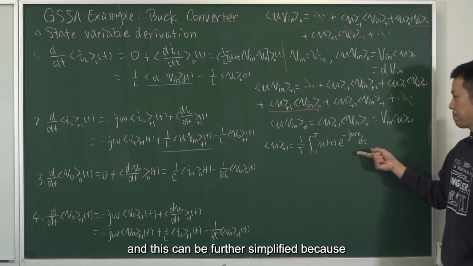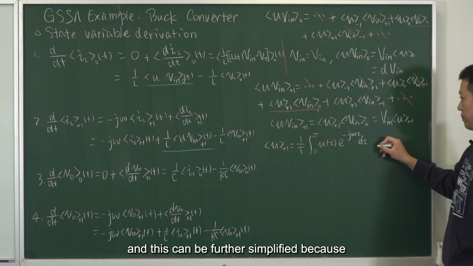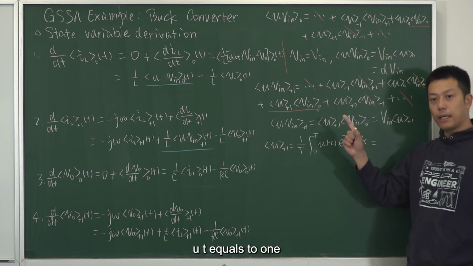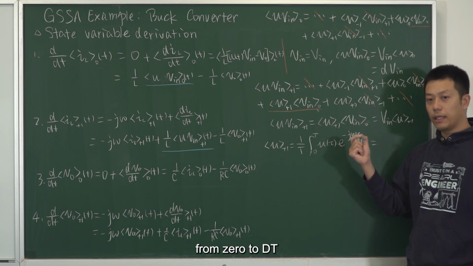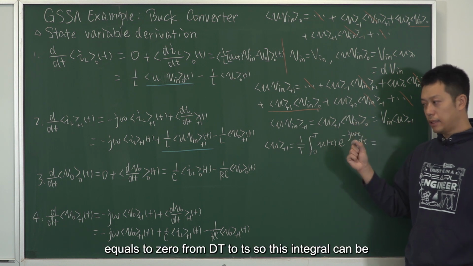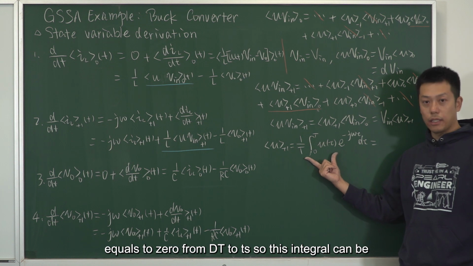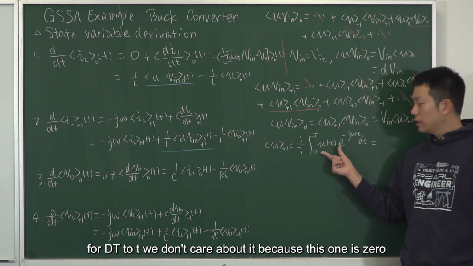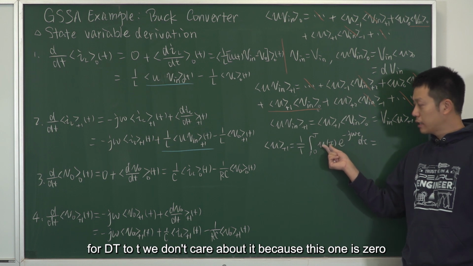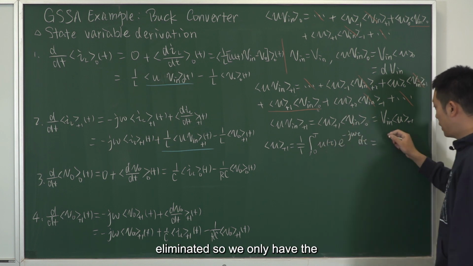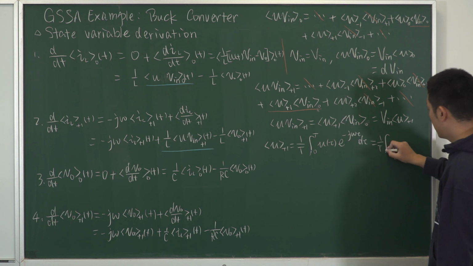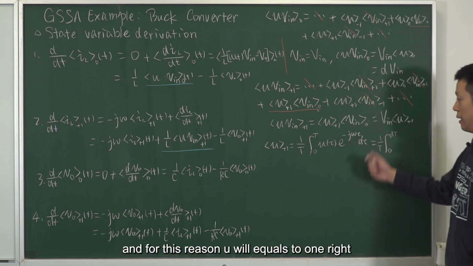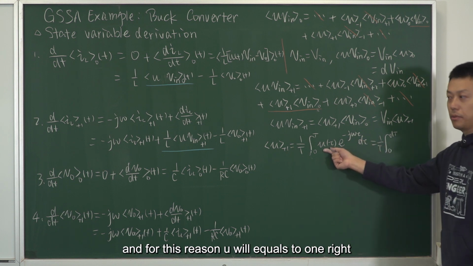And this can be further simplified because u(t) equals to 1 from 0 to DT and equals to 0 from DT to Ts. So this integral can be further simplified, right? For DT to T, we don't care about it because this one is 0. Eliminate it. So we only have the 0 to DT left. And for this region, u will equal to 1, right?